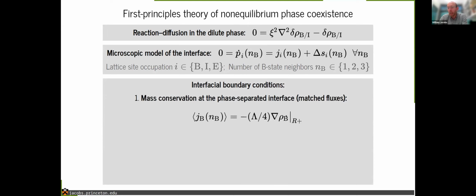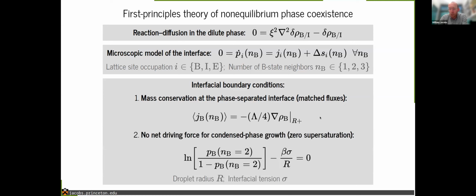The fluxes have to match, right, for mass conservation, right? So we have our steady state ensemble averaged diffusive fluxes have to match what's happening in our mesoscopic picture in the dilute phase right at the interface. And then we also have to say that there's no net growth of the condensed phase, right?